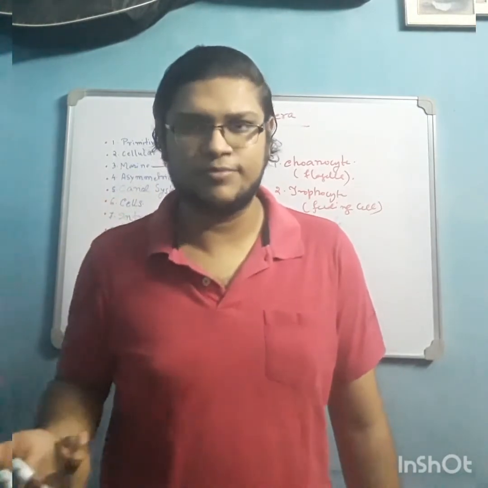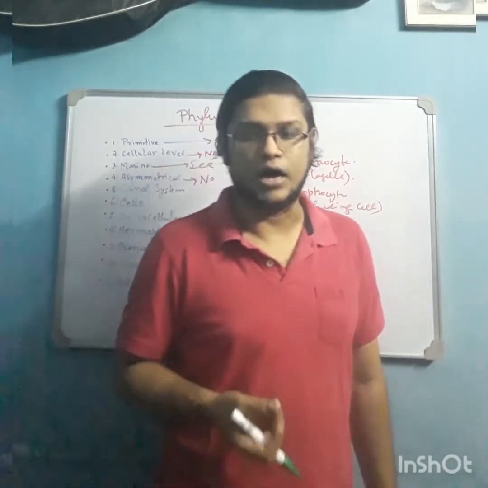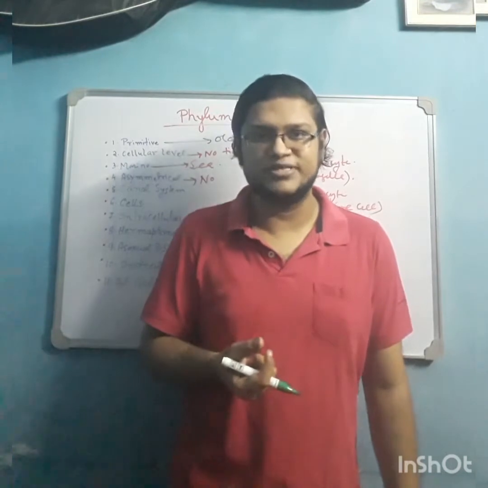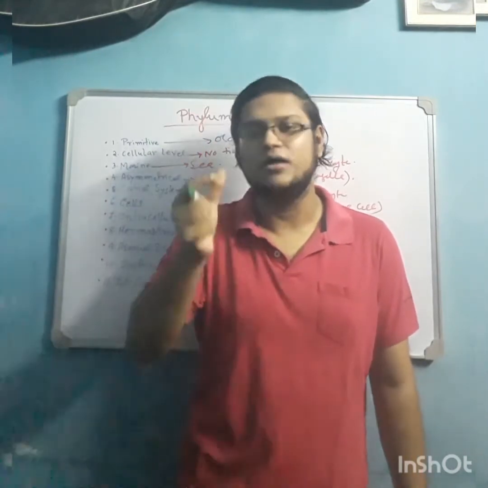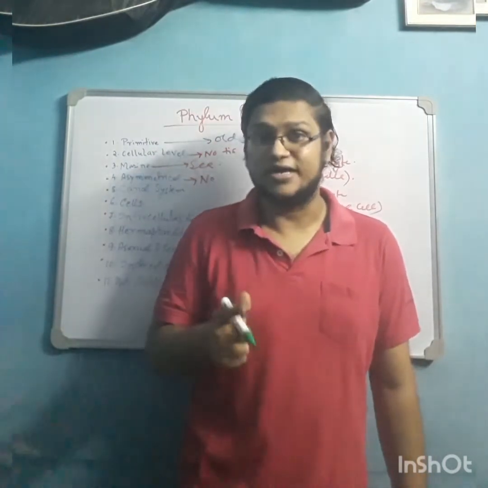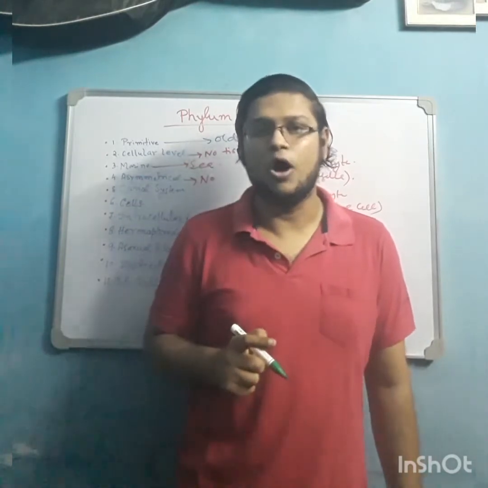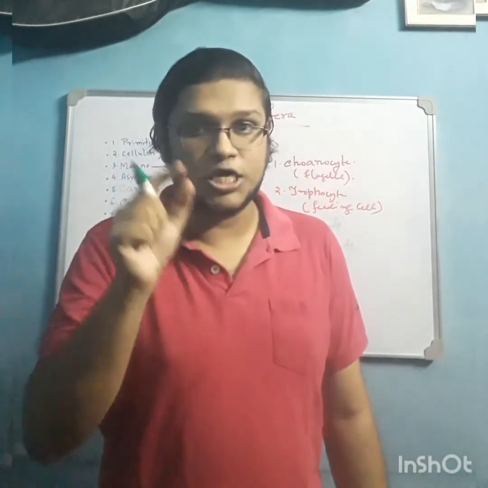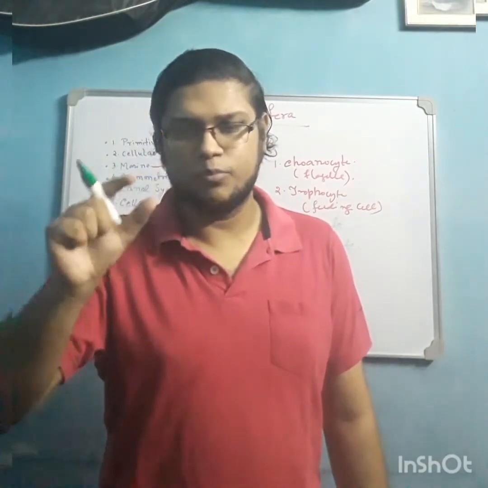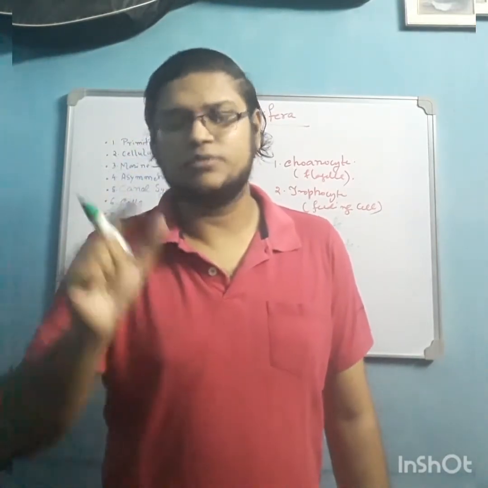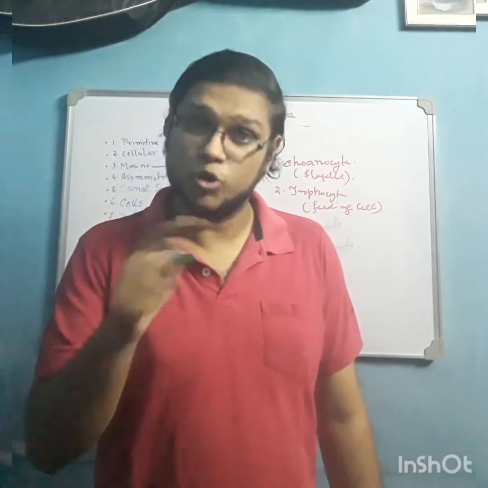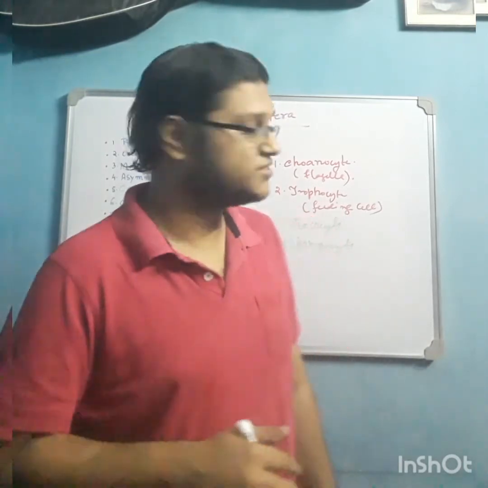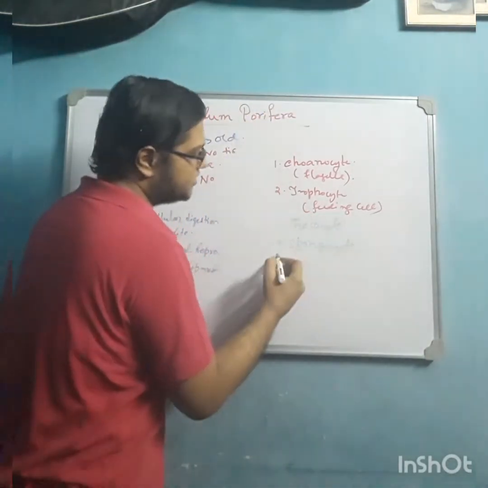What is spongin fiber? Spongin fiber is the hard coating material present outside the body of the phylum Porifera. That is spongin fiber, or the structure known as spicule present on the body of the animals of phylum Porifera, made up of those spongin fibers. These spongin fibers are secreted by spongocyte.